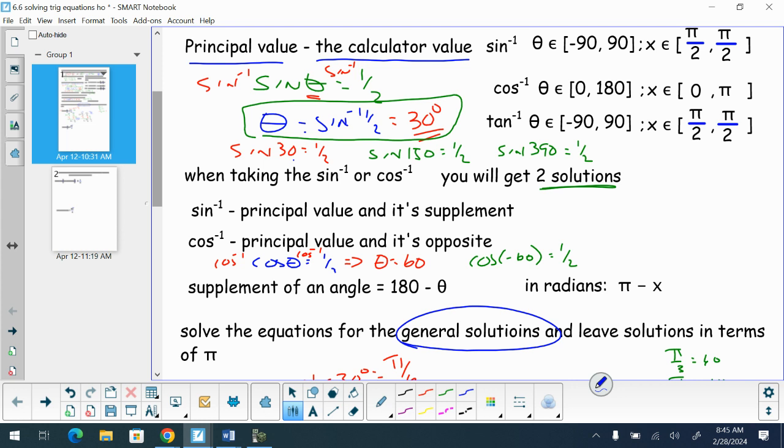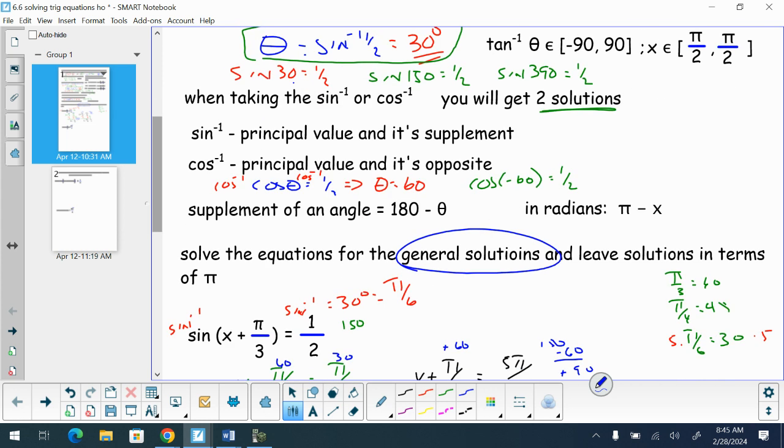What we're doing when we continue to get additional values, when we have our general solutions, we have our principal value, we have the supplement, and to get these general solutions, we add or subtract any factor of the period.